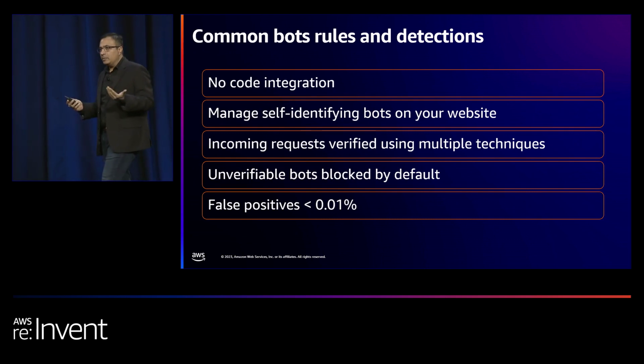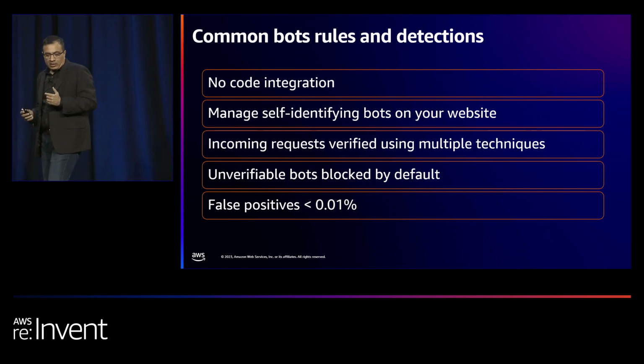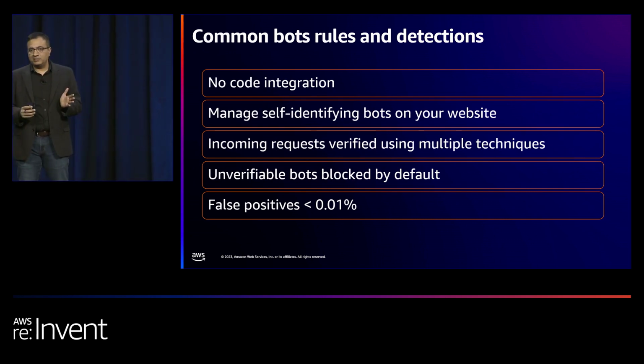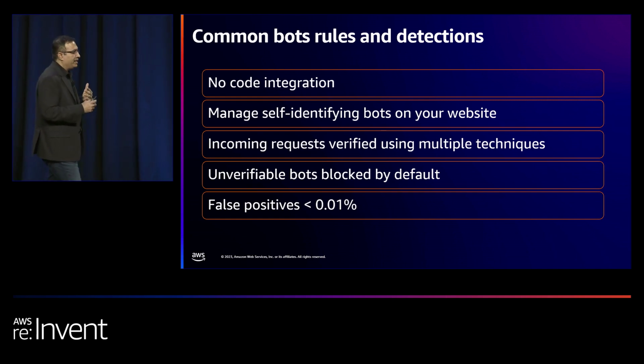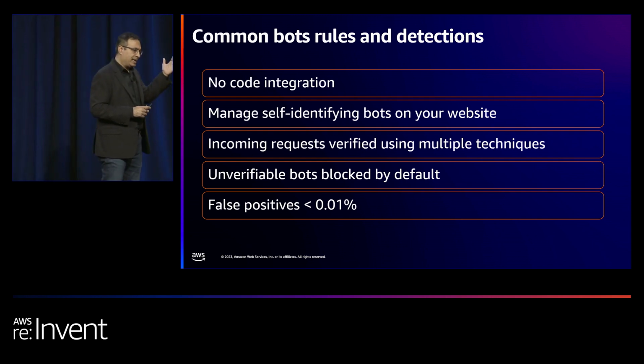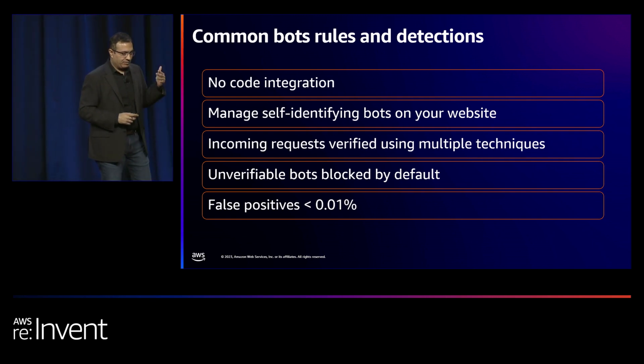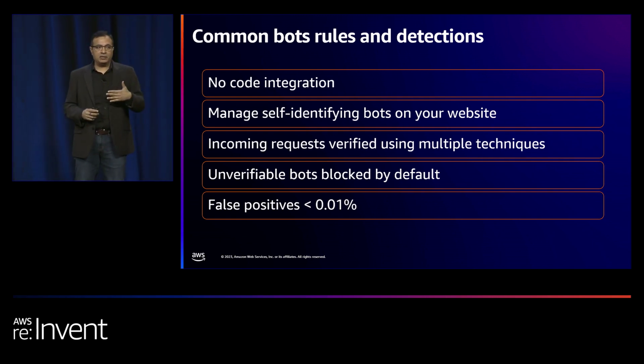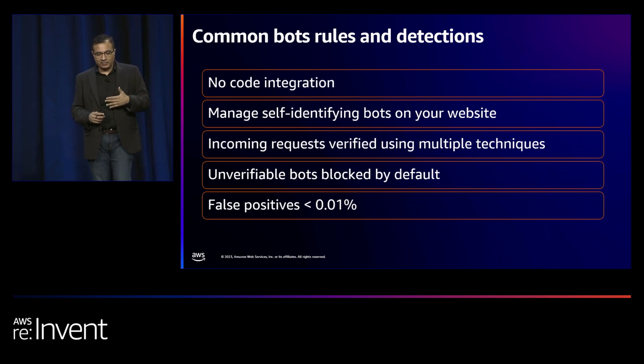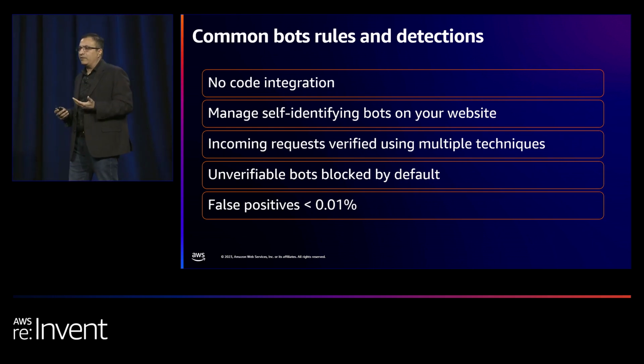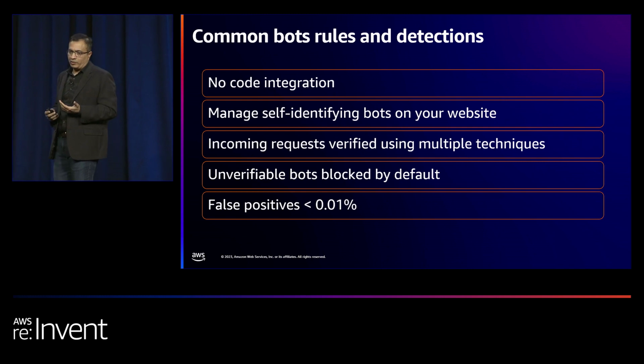So recapping common bots, you don't need any code or any integration to start using common bots. It's very easy to start. You add the resource to a new or an existing web ACL that you want to protect, and you can start managing self-identifying bots on your website.